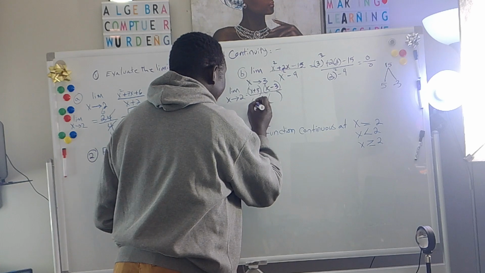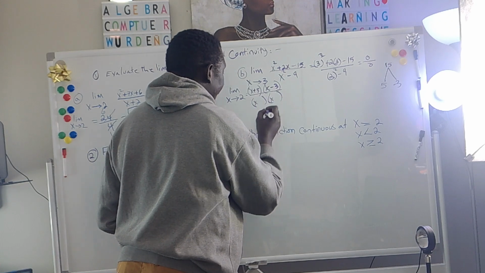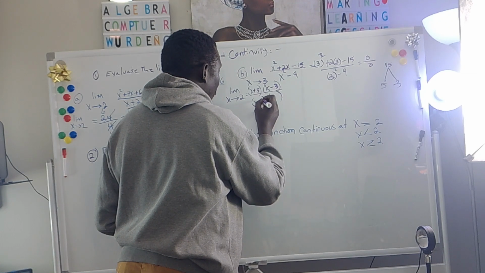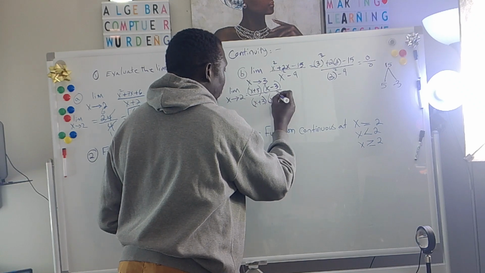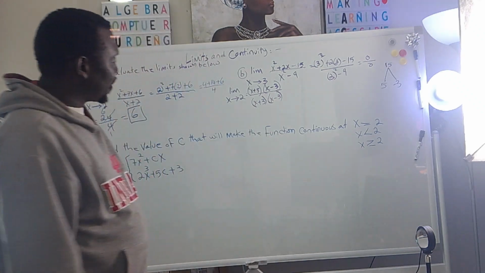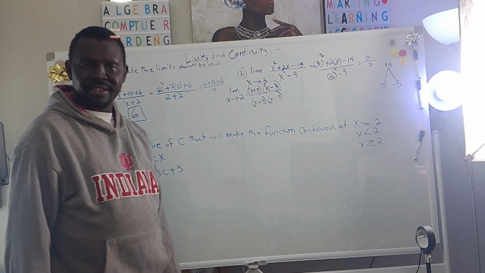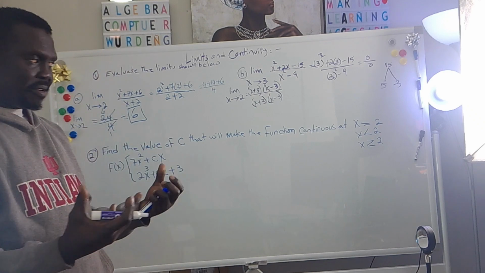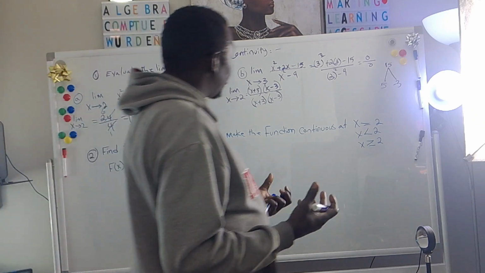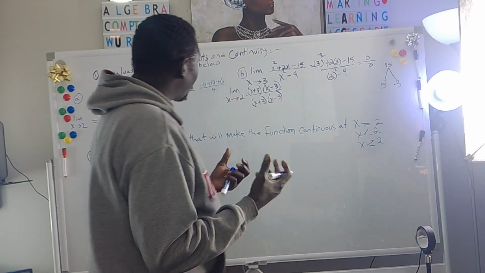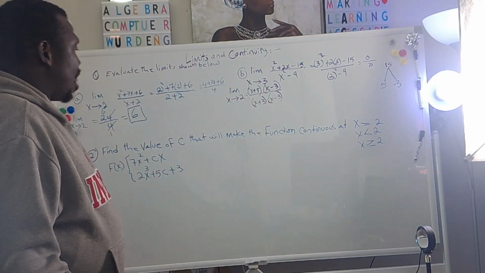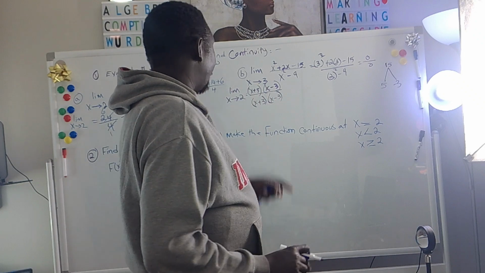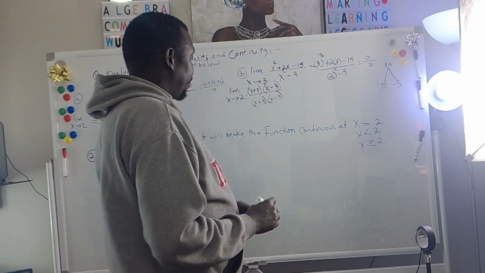It would be x here, x. One will be positive 3, and one will be negative 3. Look at that, it's getting kind of touchy now.